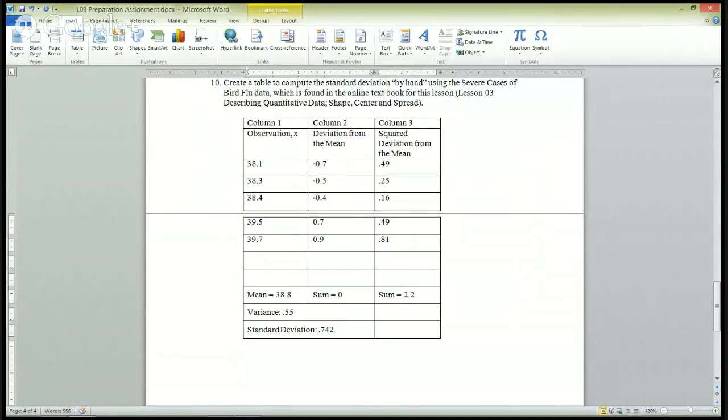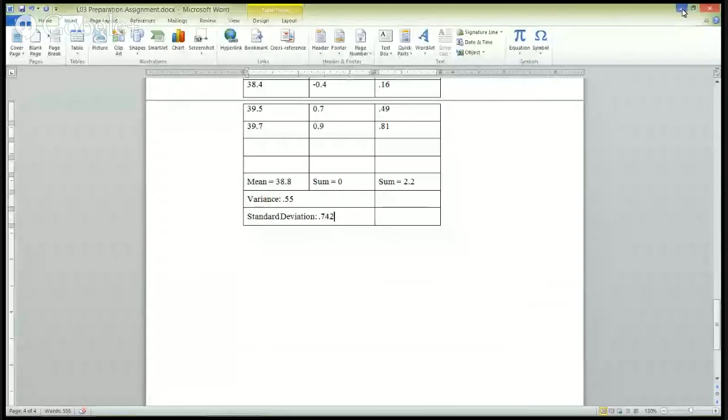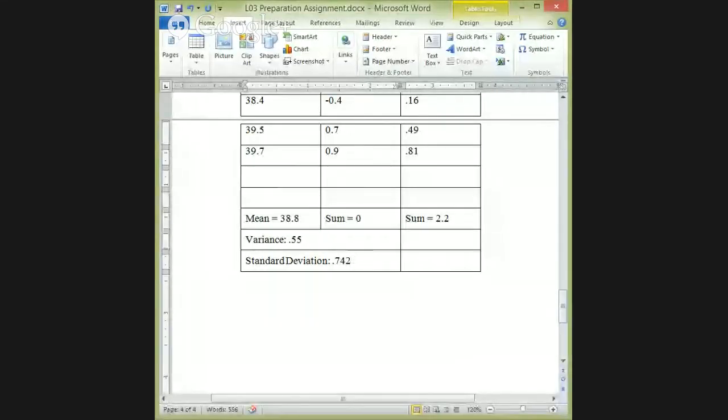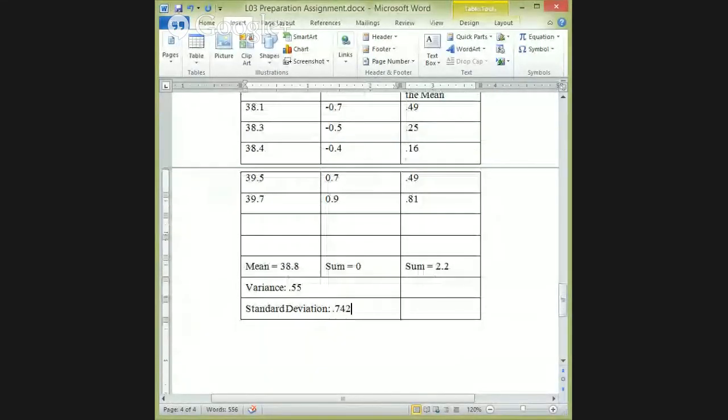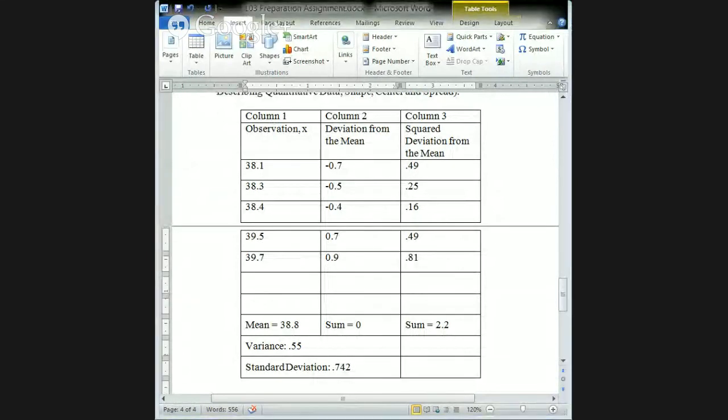Here's the equation in full. S squared equals the sum over n minus 1. So variance is just, you add up how many data points you have. So it's 5. The sum is 2.2, so it's 5 minus 1. Yeah. So 0.55. Yep. What we're getting.